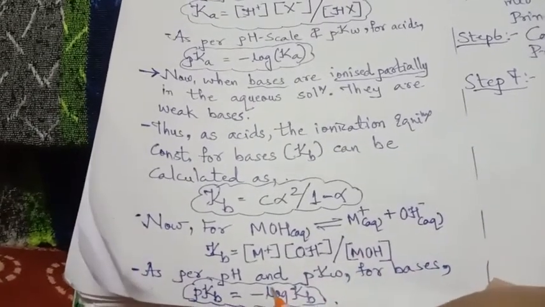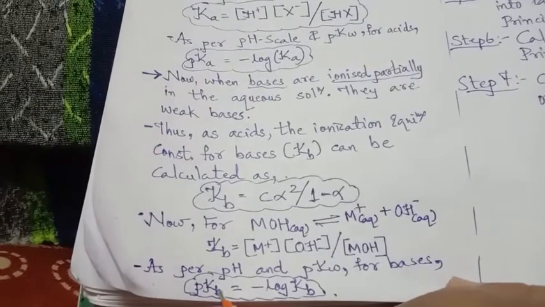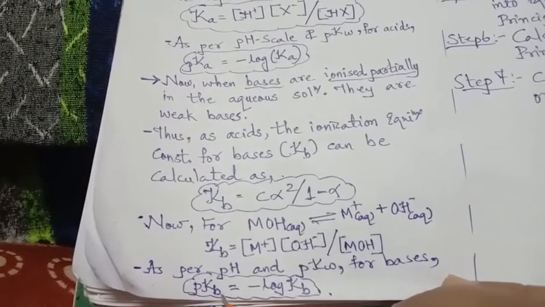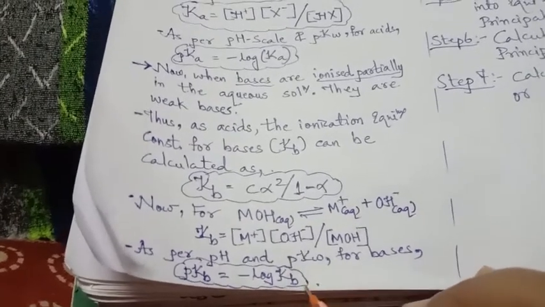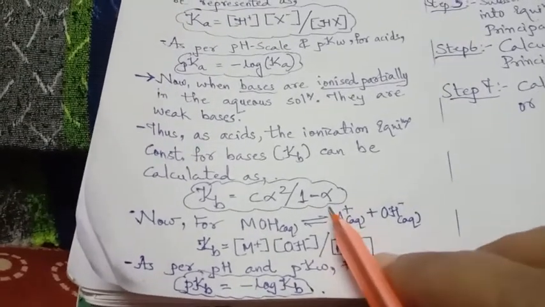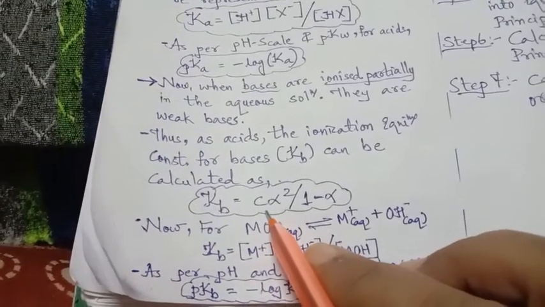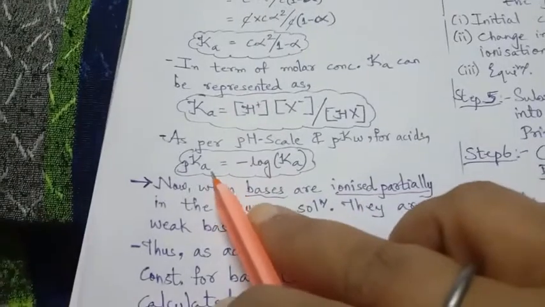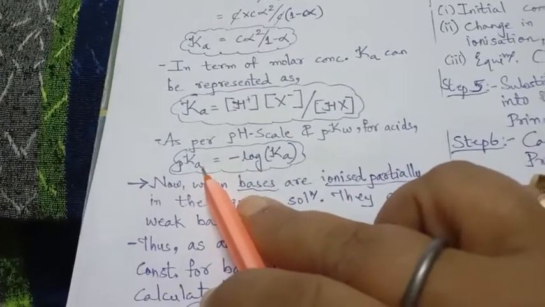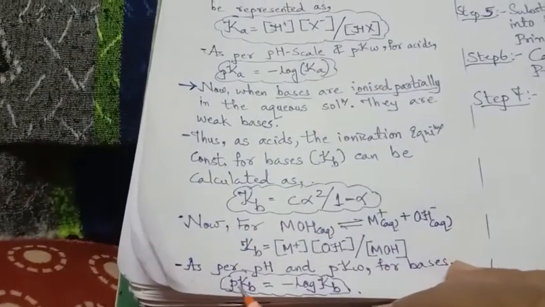And here also, as per pH and ionic product Kw, pKb, the power of the dissociation constant of base, is equal to minus log of Kb. So this is how we are able to get the dissociation constant for base, the dissociation constant for acid, as well as the ionic product of acid and ionic product of base.